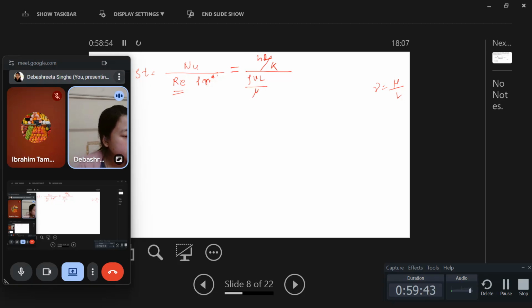So this should be mu. If you write in terms of kinematic viscosity, then this L will also go away. Then below you will directly get the kinematic viscosity. Okay, then into Prandtl number. So from here you can cancel out this L. Then you get H.